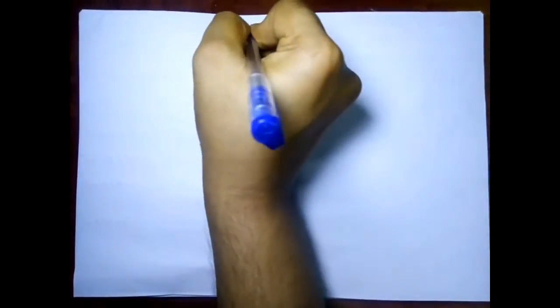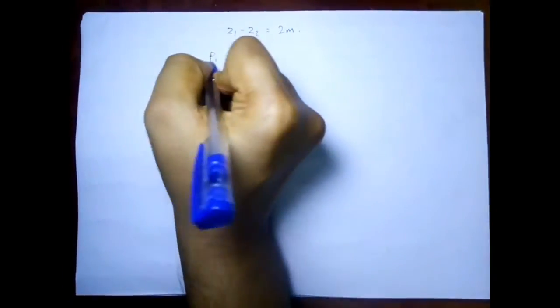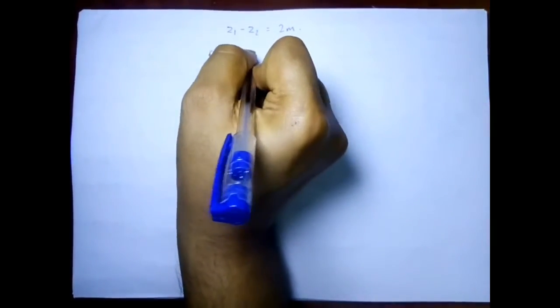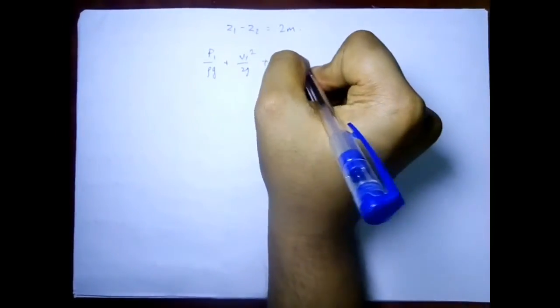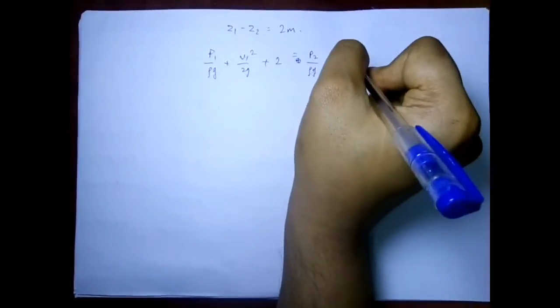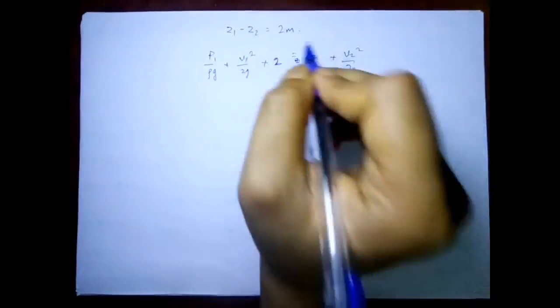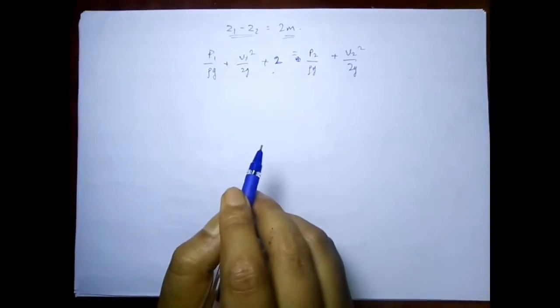And now we know that z1 minus z2 is given as 2 meters. So I will write P1 upon rho g plus v1 square upon 2g plus 2 is equal to P2 upon rho g plus v2 square upon 2g. If I put z2 on the left hand side, z1 minus z2 will become 2 meters. So I am writing 2 meters over here.